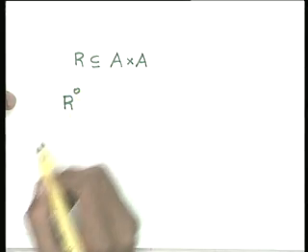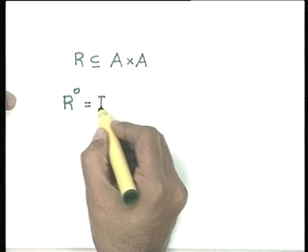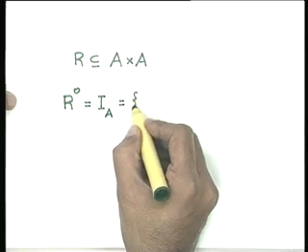R naught to be the identity relation on A. And what is the identity relation on A? This is to ensure reflexivity.